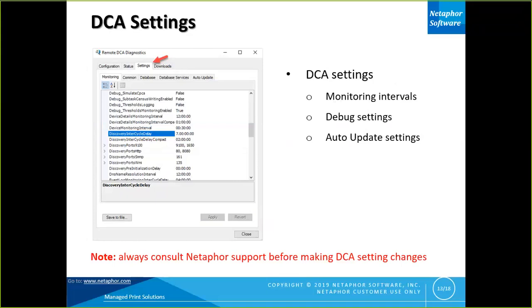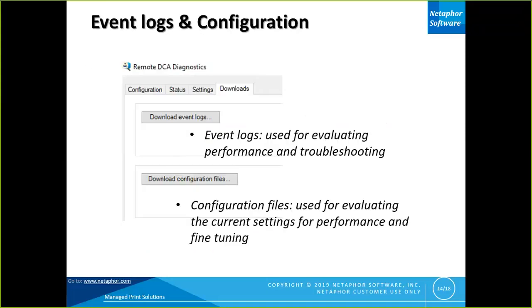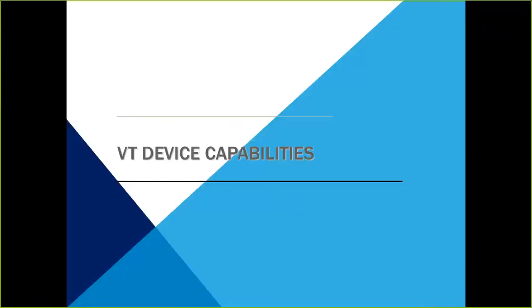So you can go in and change the monitoring cycles as well. Then lastly, you can download event logs, and those are used in the support process to troubleshoot any issue that you might have. So that's the DCA part of Virtual Technician.